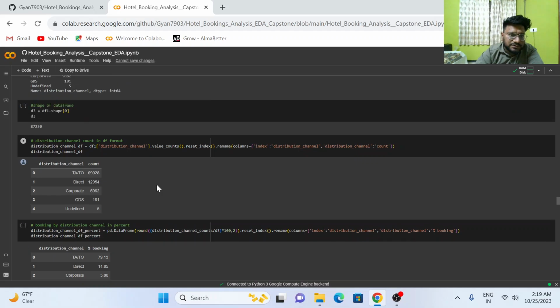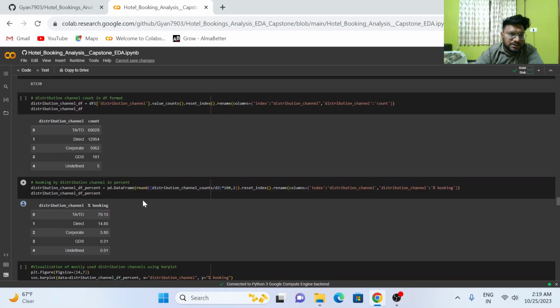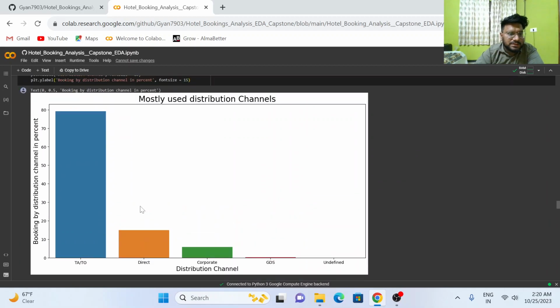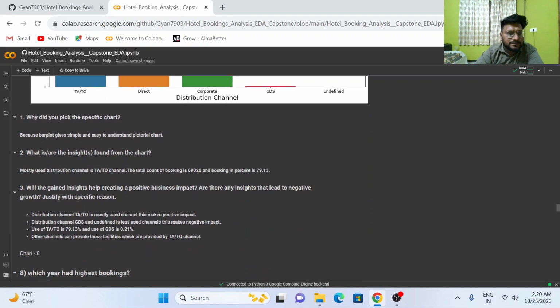As you can see over here also, the count of all the bookings, and here we can see the percentage of the booking. So clearly we can see that 79.13% of the total bookings were done using the distribution channel TA/TO, which we can see in the graph also.